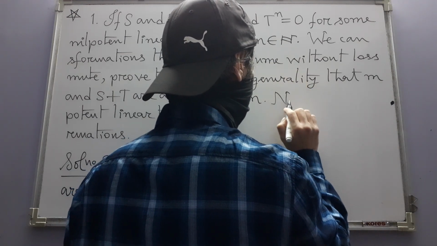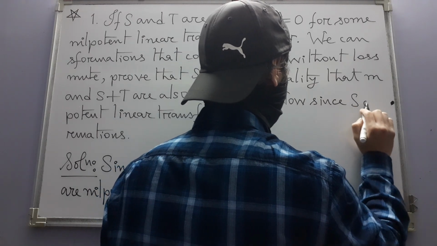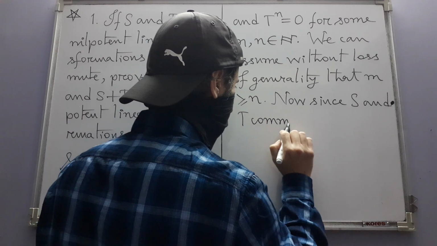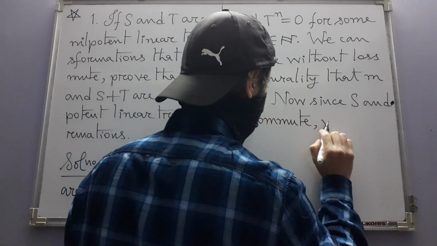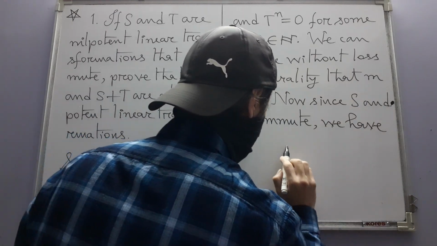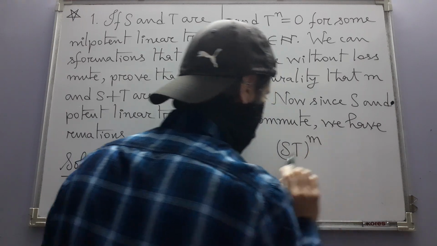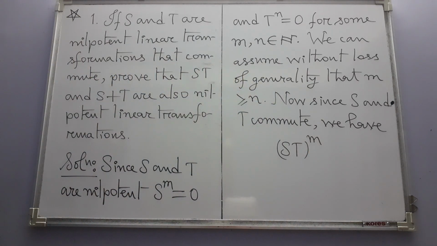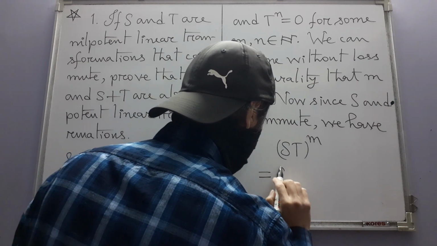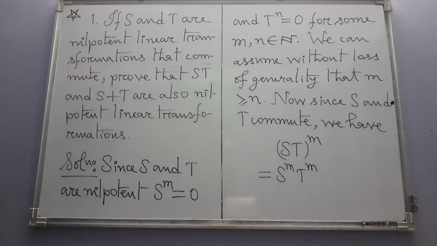Now, since S and T commute, we have this. What will happen if we consider the mth power of ST? Because they commute, this will be equal to this product.